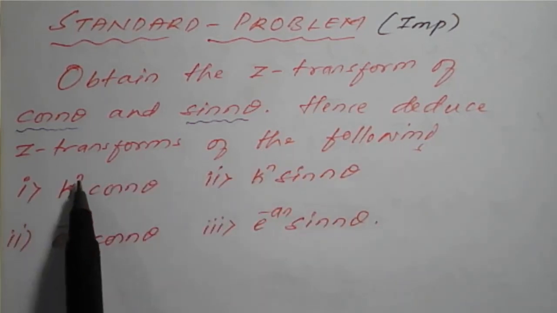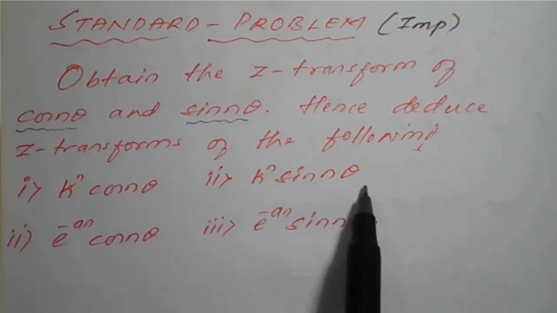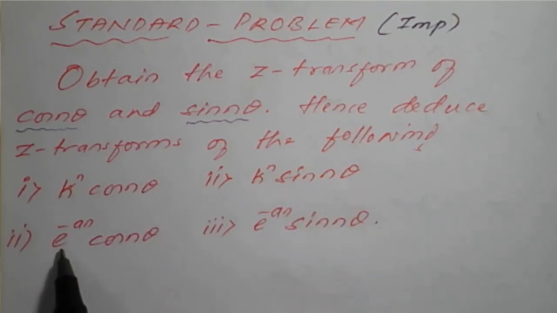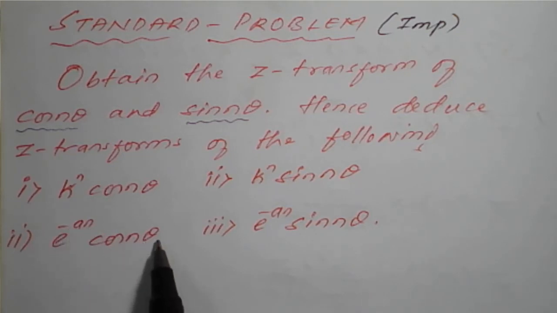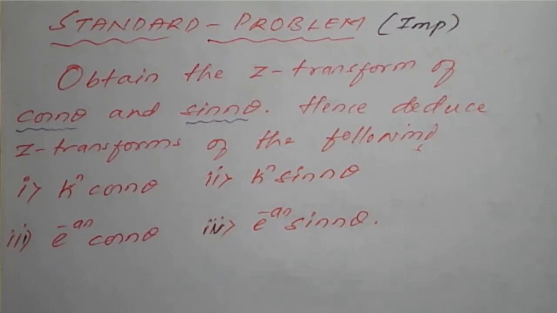The first one is k raised to n of cos n theta, k raised to n of sin n theta, then e raised to minus an into cos n theta and e raised to minus an into sin n theta. So this is the third result, and this is the fourth result.